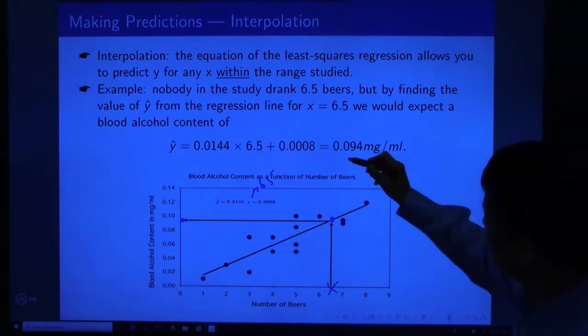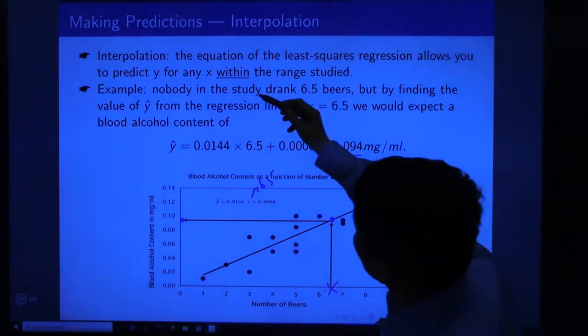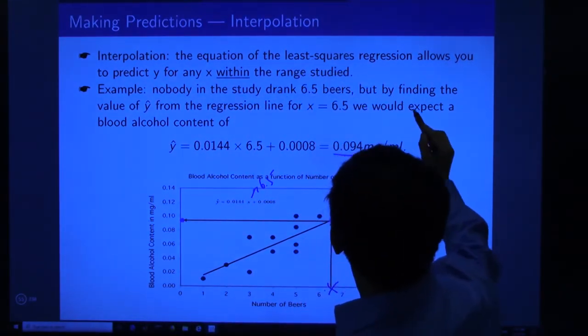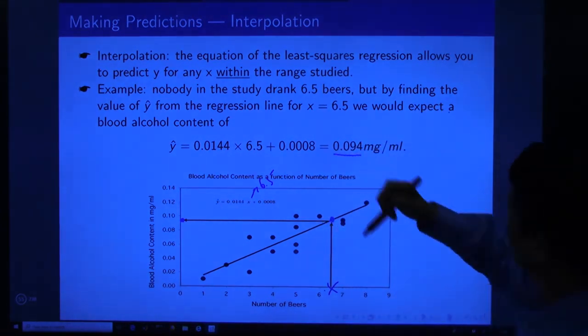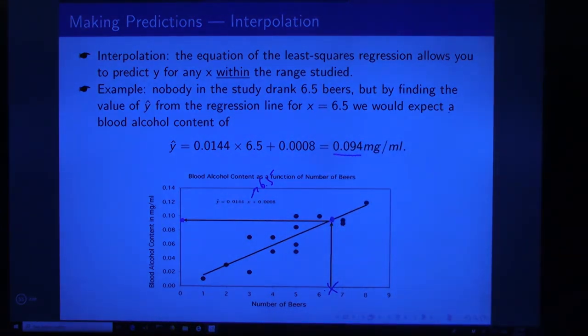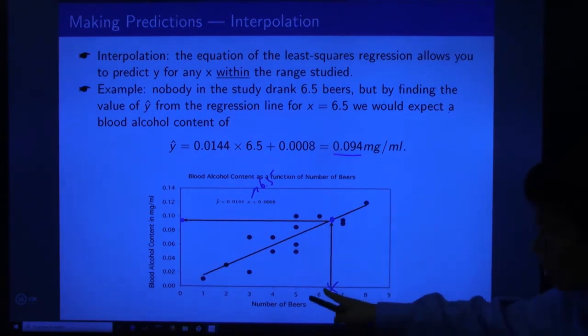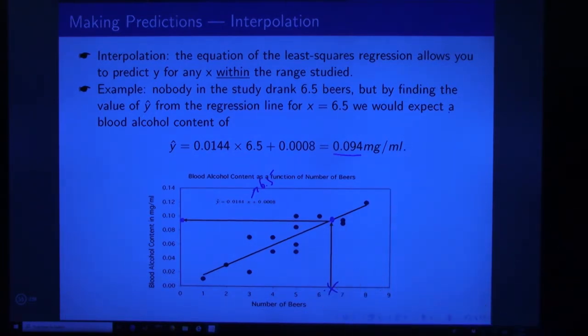And this is the expected value here. Although we didn't do this experiment, we can predict that if you drink 6.5 beers, your alcohol level will be close to this. So this is a prediction.